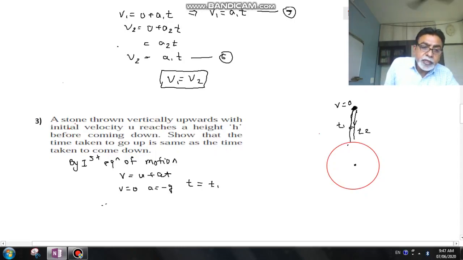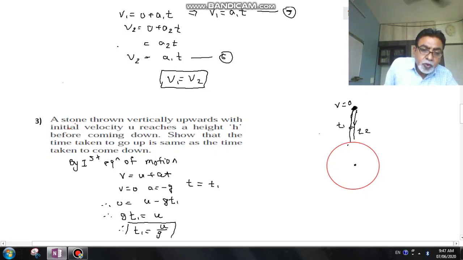So we get 0 is equal to u minus g into t1, and therefore g into t1 is equal to u. Therefore t1 is equal to u upon g. This is the time taken by the stone to go up.